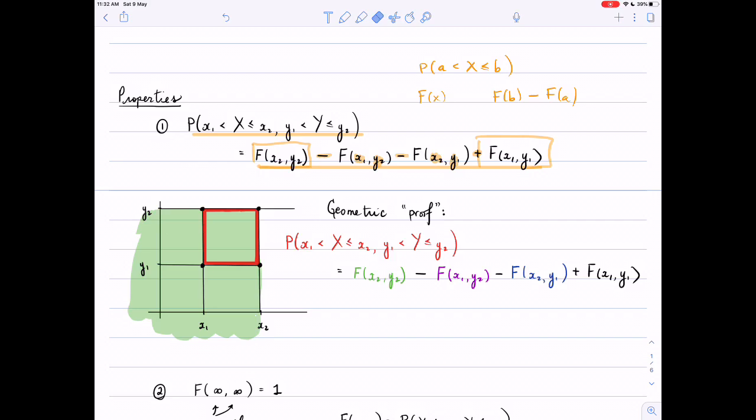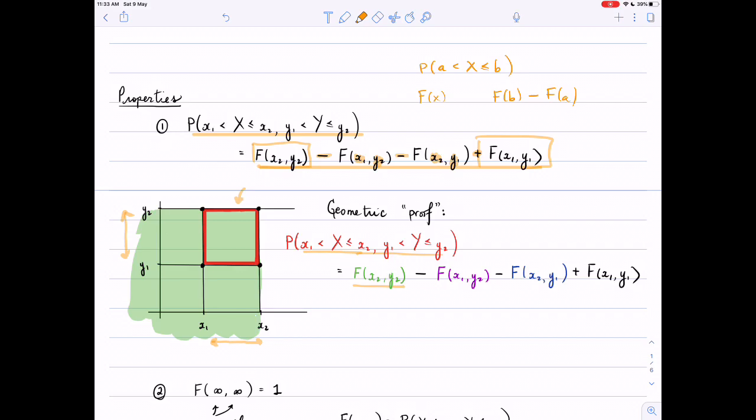The first here, this probability, if we take F of x2, y2, well, first of all, let's take a look here. We're looking for x between x1 and x2, and we're looking for y between y1 and y2. So the probability that we want is actually the square outlined in red.